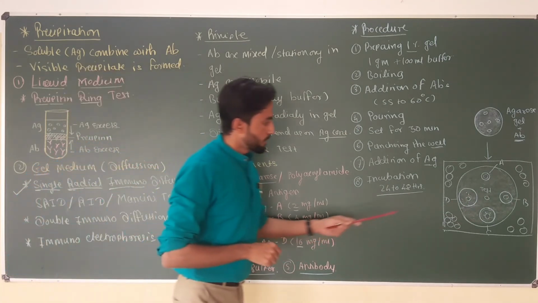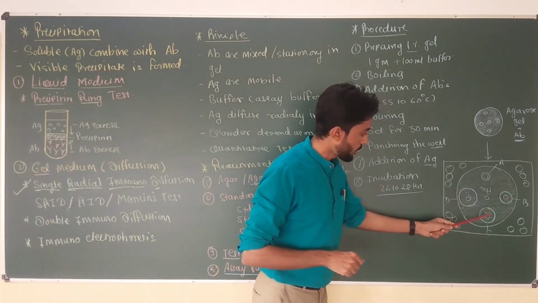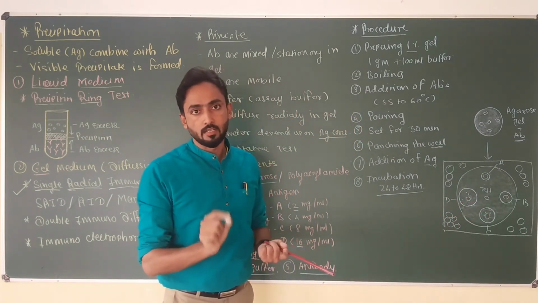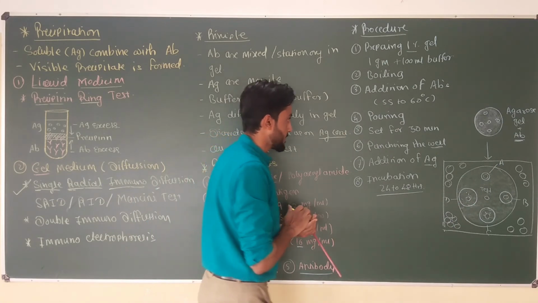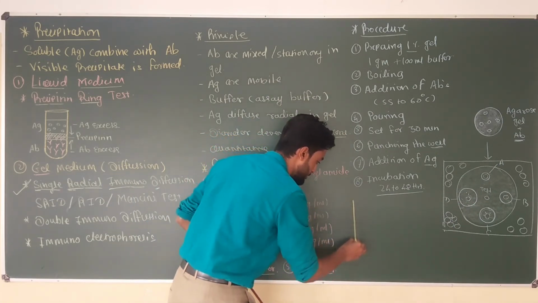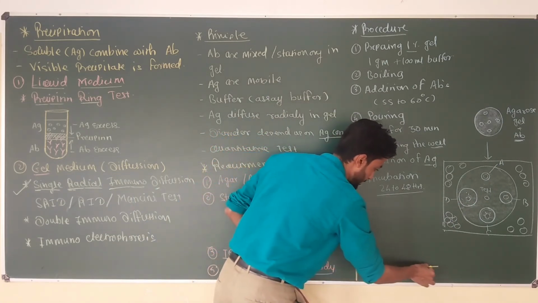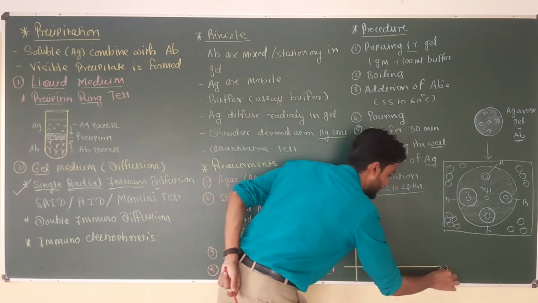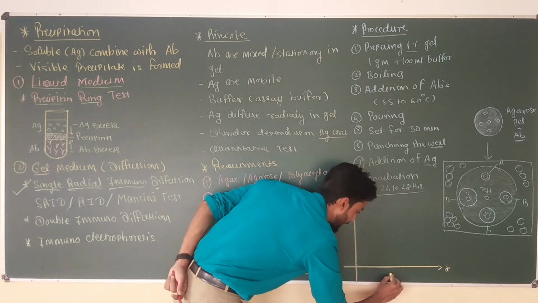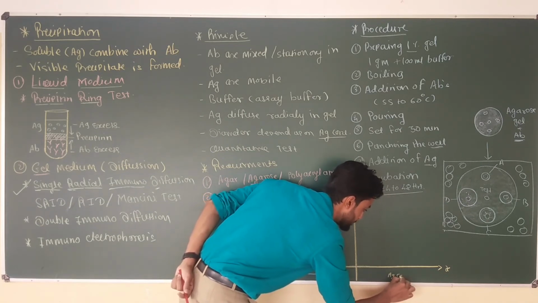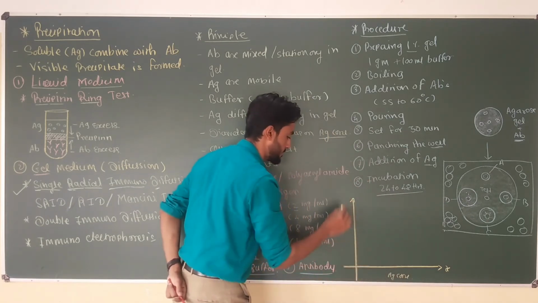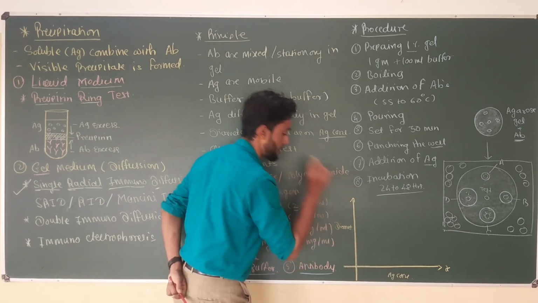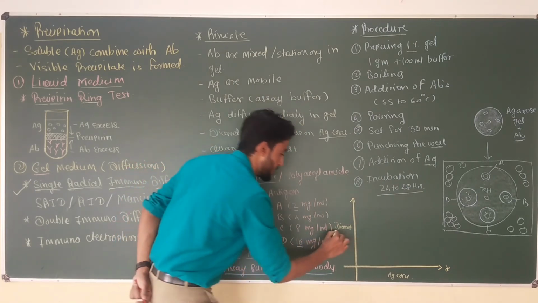And now with the help of these 4 standard antigen precipitation rings, I can make a standard graph. Okay, so for plotting the standard graph, I just have to take a graph paper, and on the x-axis I am going to take antigen concentration, and on the y-axis diameter, okay, diameter in mm.